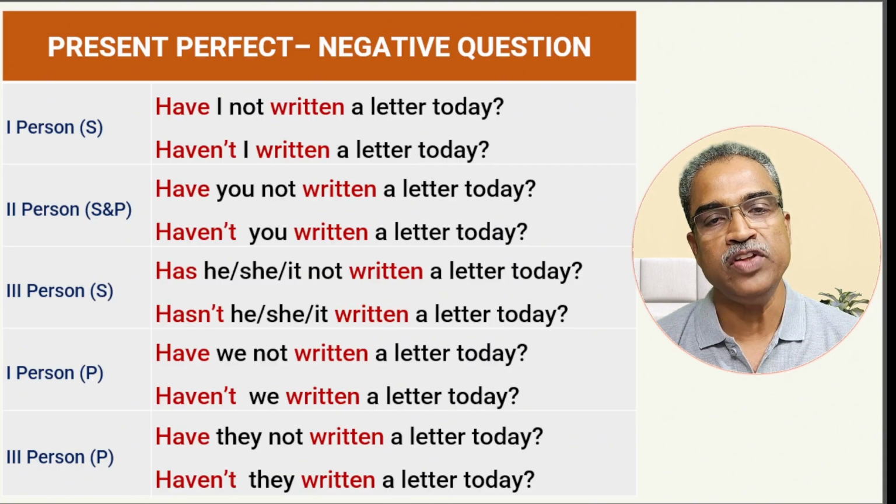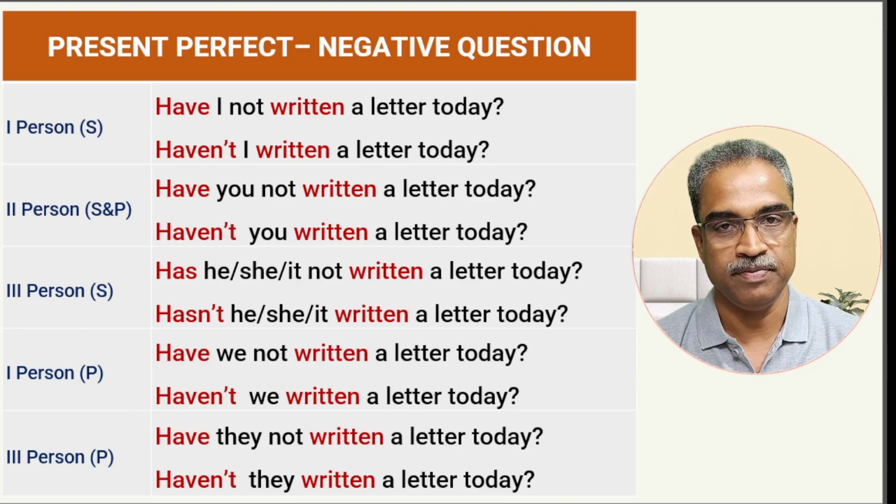So you need to know which auxiliary verb is used in which tense according to the person, first person, second person, third person, and their numbers, meaning whether the persons are singular, one, or plural, more than one. That brings us to the end of today's class, and I am sure that you have understood how to frame questions in the present perfect tense.